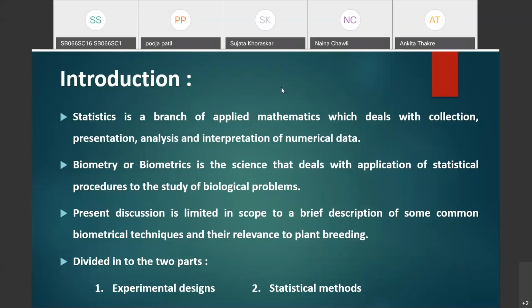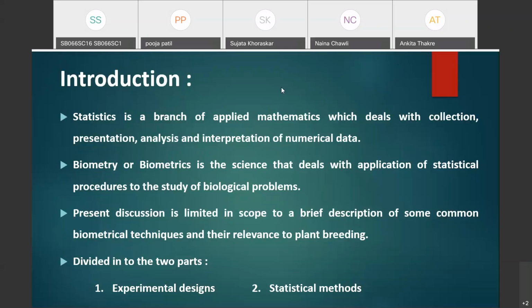While biometry, which is also referred to as biometrics, is the science that deals with the application of these statistical procedures to the study of biological problems.